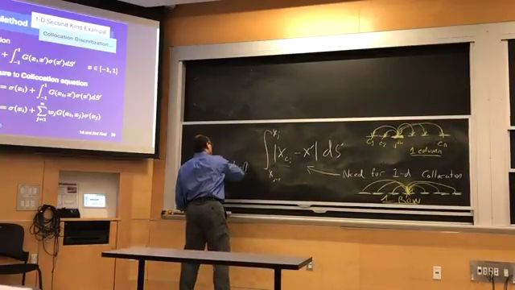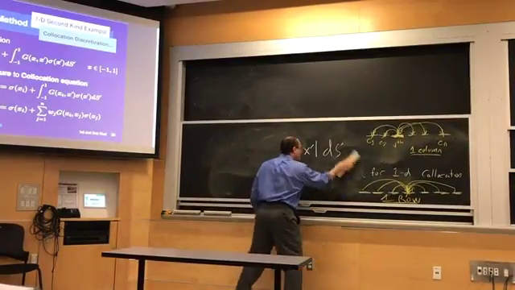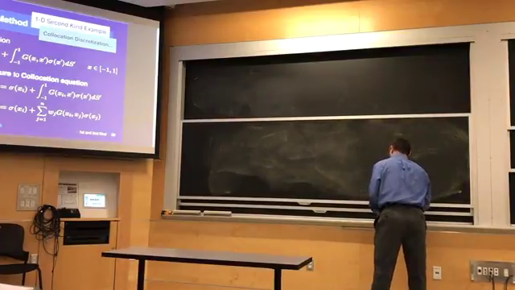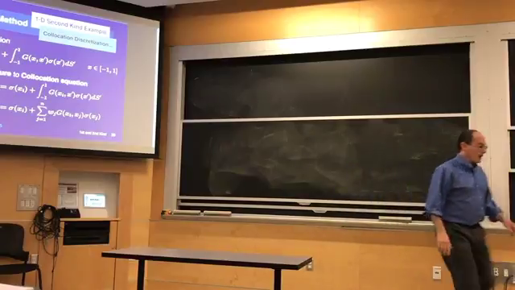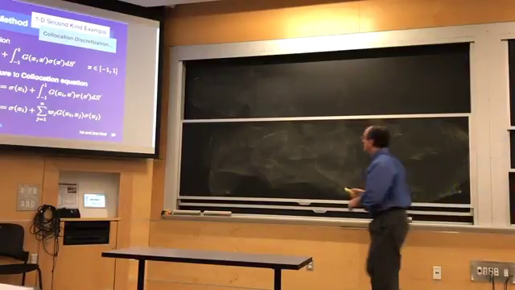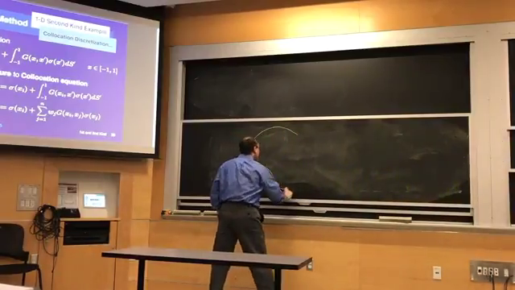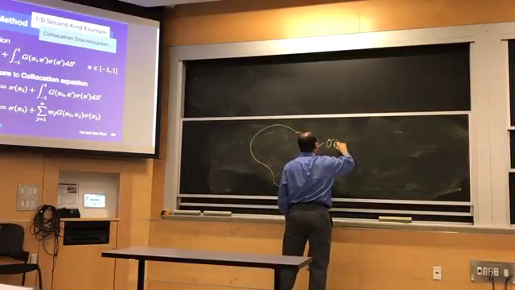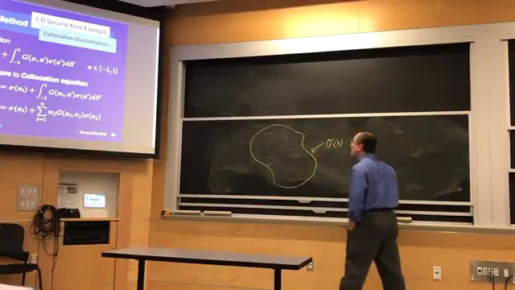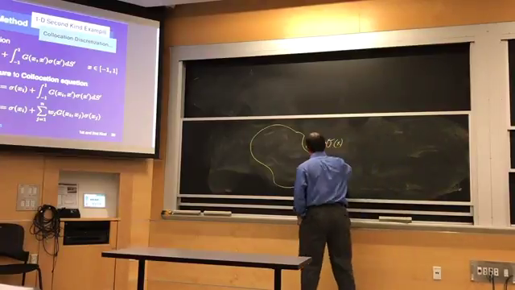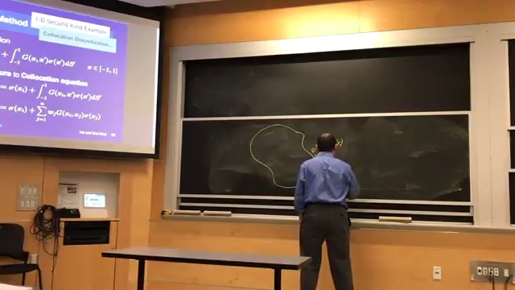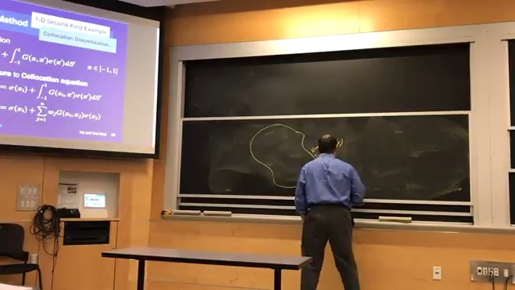So suppose now I have this surface. I have the density on this surface, sigma of x, and I know the potential psi of x for x elements of the surface.